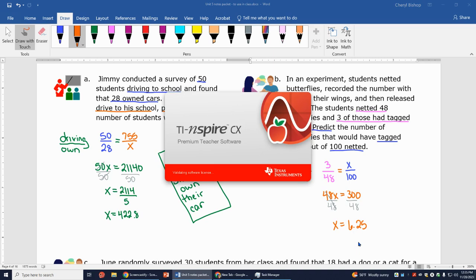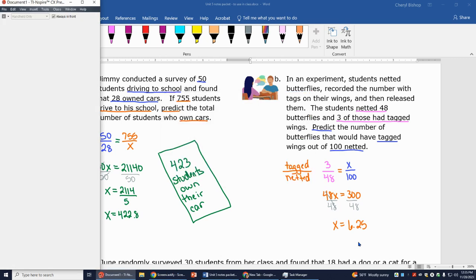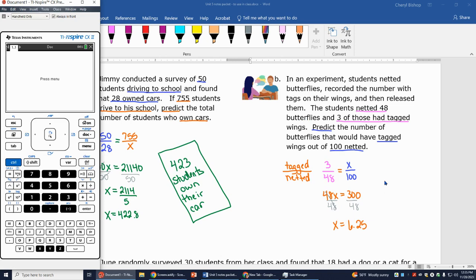So now if I want to predict how many butterflies, if I've got 6.25, 0.25 is not even like a fourth of a butterfly, right? So there's not a good chance that we're actually going to catch that 7th butterfly. So I am going to say we're probably only going to have 6 butterflies that are tagged.